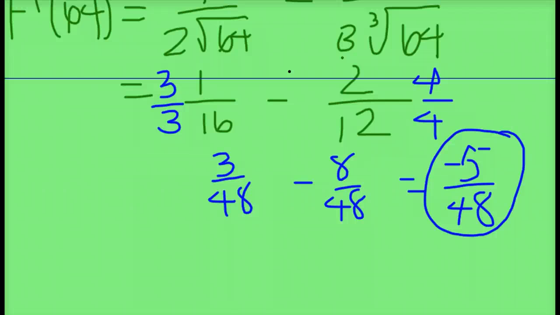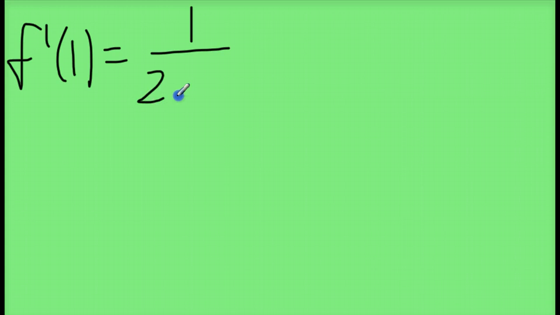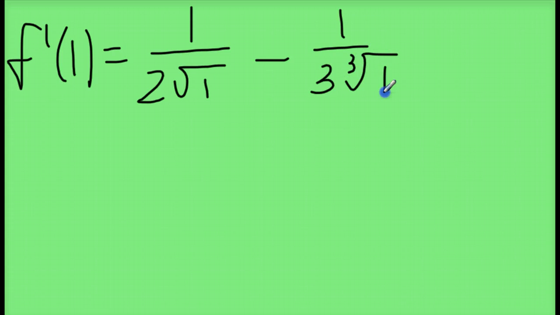And I'm going to do this problem again, but instead I'm going to plug in a 1, which is going to make our math even simpler. So we had f prime of 1 is equal to 1 over 2 radical 1. And just to double check, I think it was a minus, yes. Minus 1 over 3 cube root of 1.